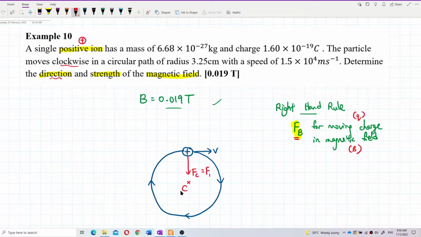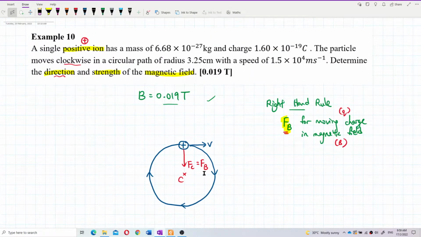It is the magnetic force, isn't it? Why do we have this magnetic force? Because this is a moving charge. Why do you say moving? Because it has velocity.